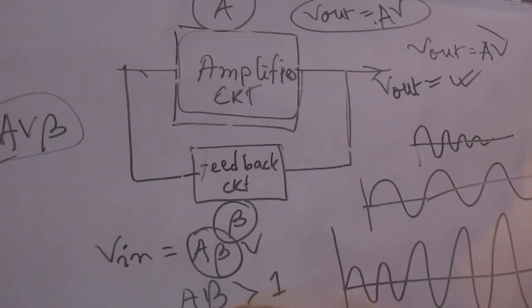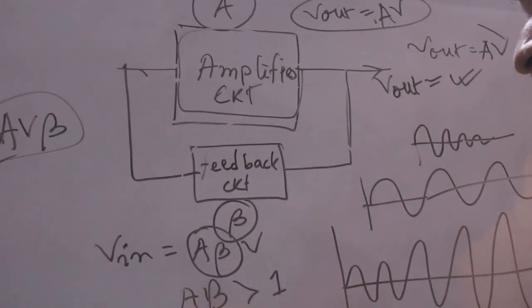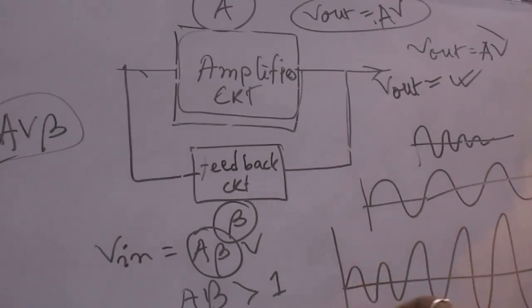In the second case, if A beta is less than 1, then the amplitude will go on decreasing, which is also not desired, because we always want sustained oscillation in which the amplitude remains constant.